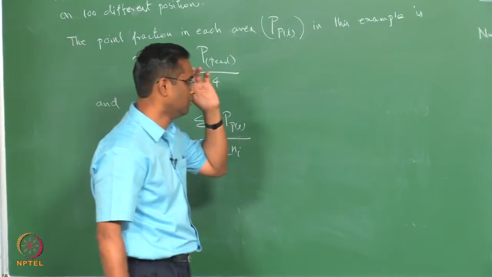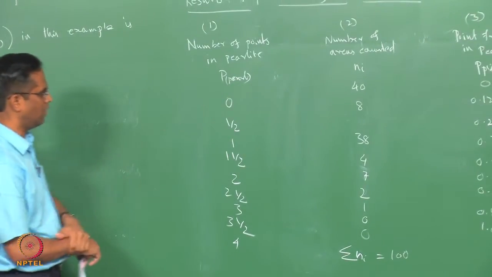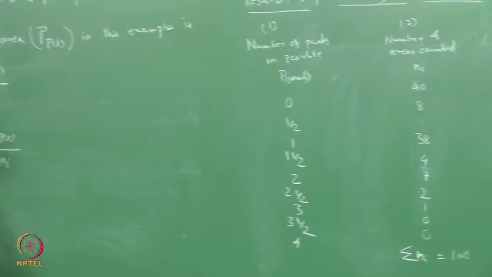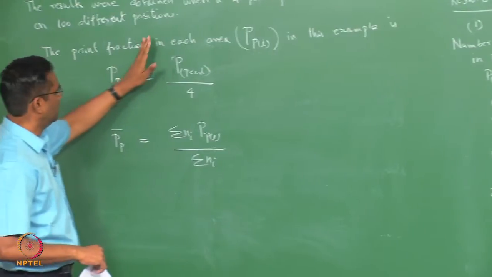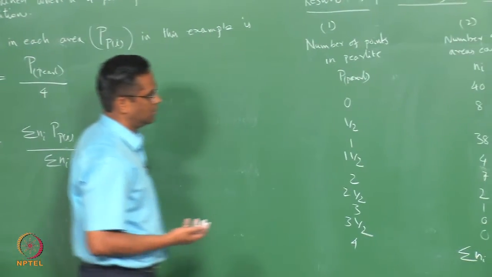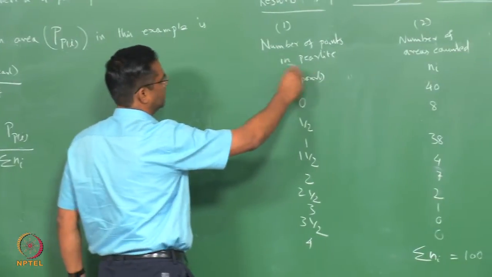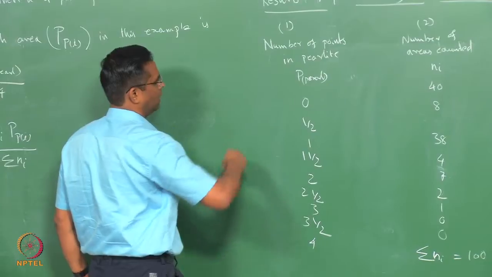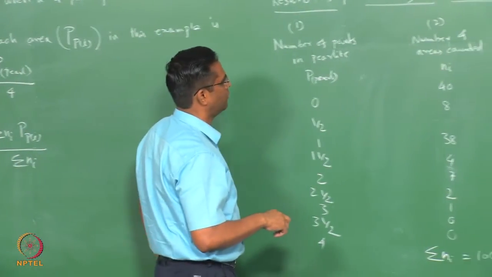So, what I have done here is a big table, but it is still worth going through it one by one, so that you will be able to appreciate what we are going to see in the volume fraction counting method results. Column 1 has the number of points in pearlite, the black phase I have shown in the micrograph.